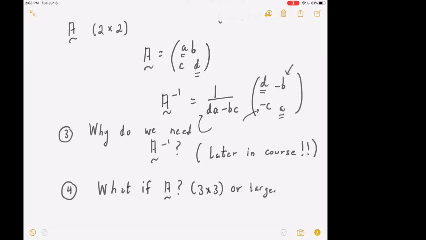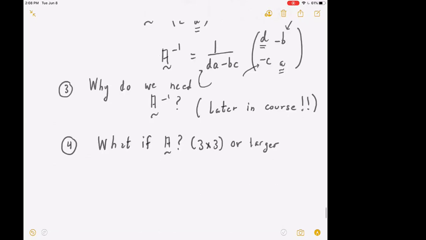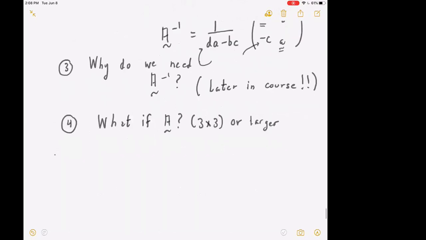We didn't attempt to figure that out by brute force, because that would be formidable. So we are going to come up with a nice scheme where we can calculate the inverse of large matrices. Note, we can only calculate the inverse of a matrix if it's square. So that's why we're looking at problems where the matrix is of a particular order.